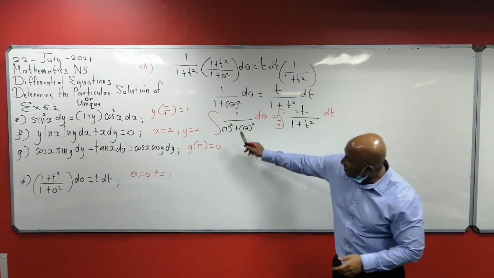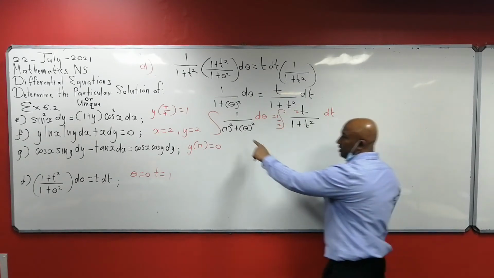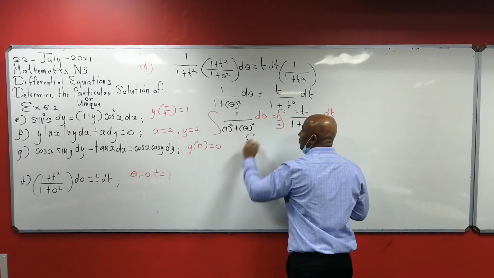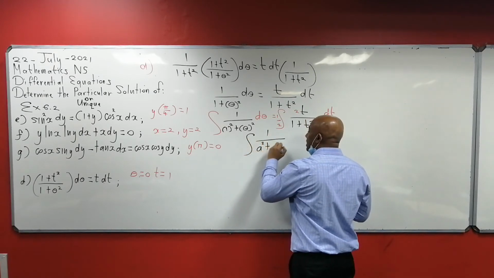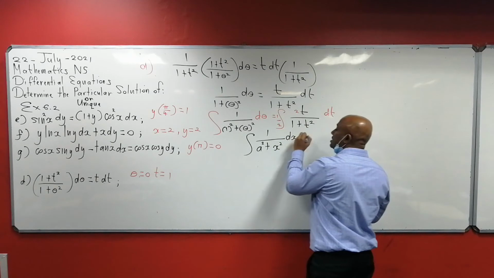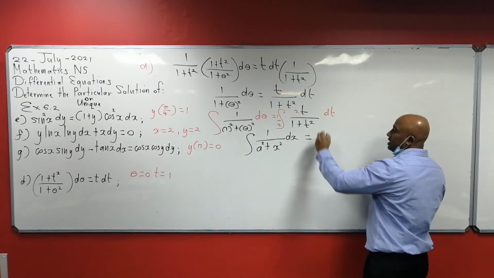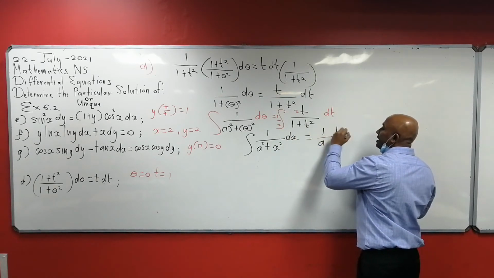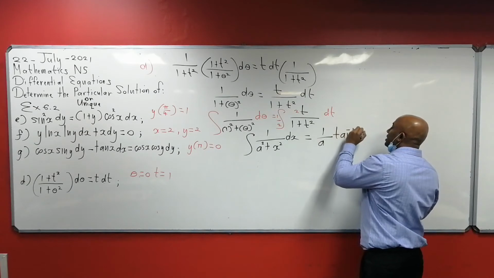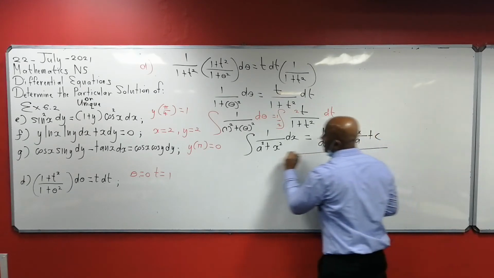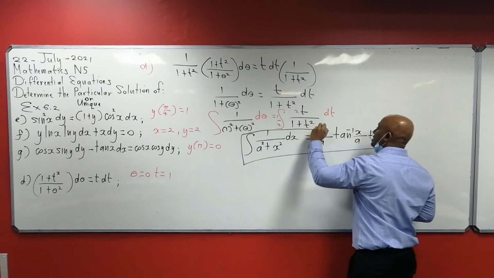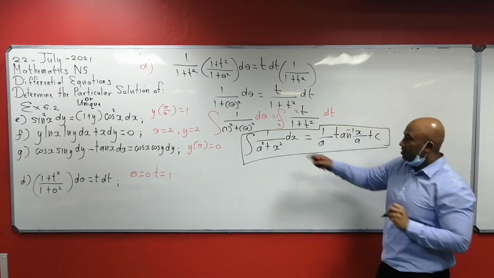Now, the left hand side is of the form 1 over a squared plus x squared dx. You go to your formula sheet, this is 1 over a inverse tan x over a plus c. So that is how to deal with that one.